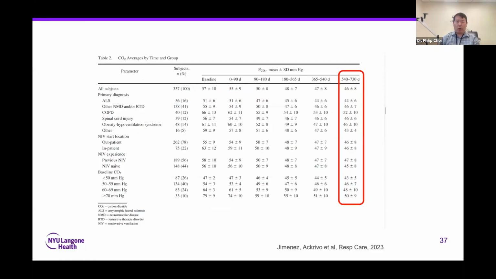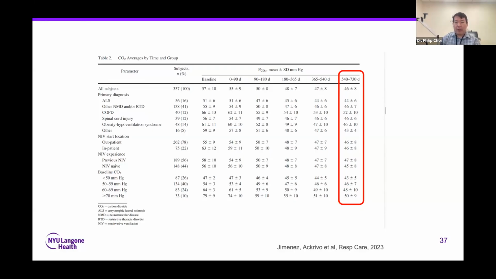This chart looks at dividing the patient population into various different groups, including primary diagnosis, where they were started on non-invasive ventilation, whether they were on non-invasive ventilation before, and also their baseline PCO2 data. What I really wanted to highlight was that over time, not only were we able to improve survival, but even for the most severe hypercapnia, for those patients with baseline PCO2s of greater than 70, for many of these patients, we were able to achieve a very large PCO2 reduction.